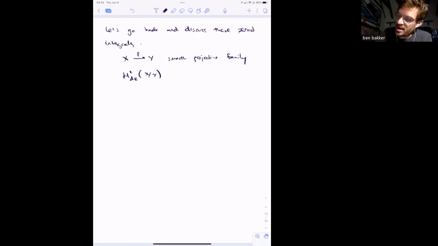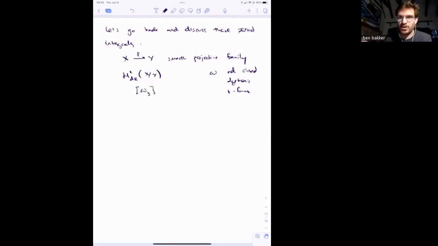Whenever I have a relatively closed holomorphic k-form or algebraic k-form, I can look at the corresponding algebraic section, which is just the class of omega restricted to the corresponding fiber.